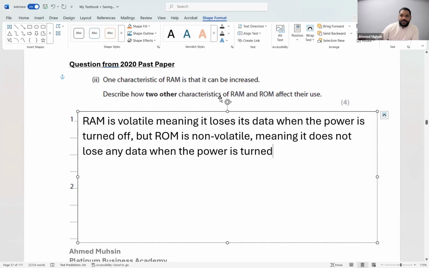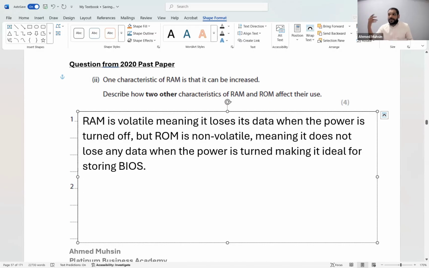So guys, what is it ideal for? So this makes ROM ideal for storing what? For storing BIOS. Okay, give me another feature, and then we'll explain how it's used.